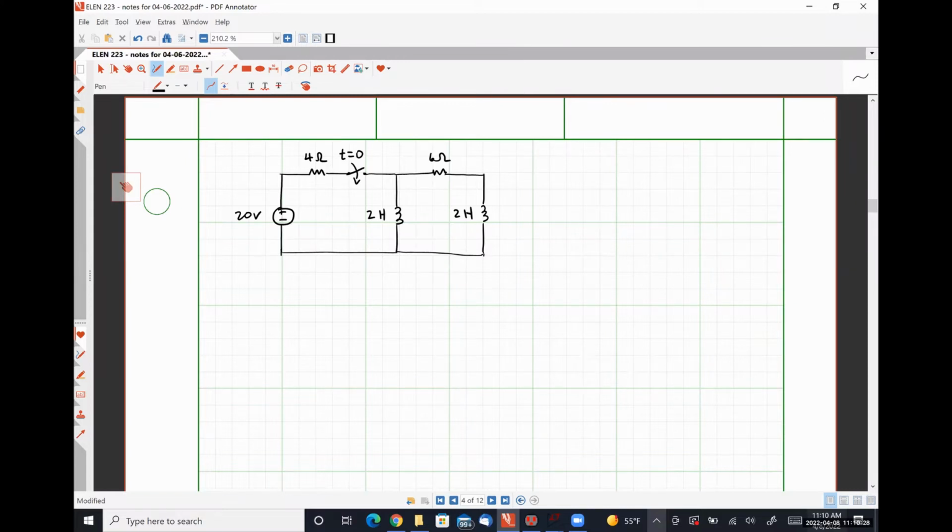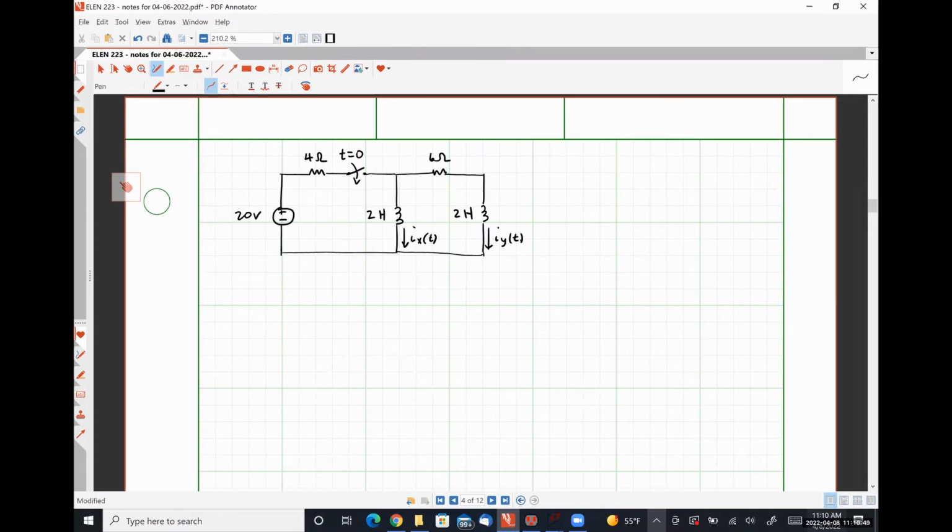So we're going to call this type of circuit a general second order circuit. Okay. So our goal here, I'm going to label this inductor current as Ix. I'm going to call this one Iy.